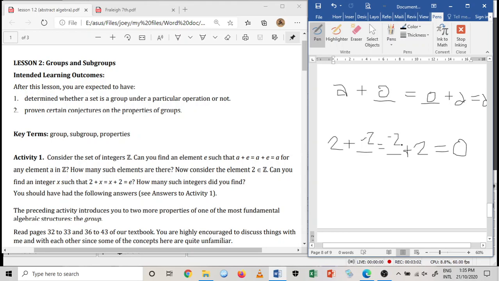Negative 2 plus 2 is also 0, and there is one and only one integer that has this property. These two properties are actually properties of a group, so we shall encounter them as we are introduced to the concept of groups. Let us now formally talk about groups.